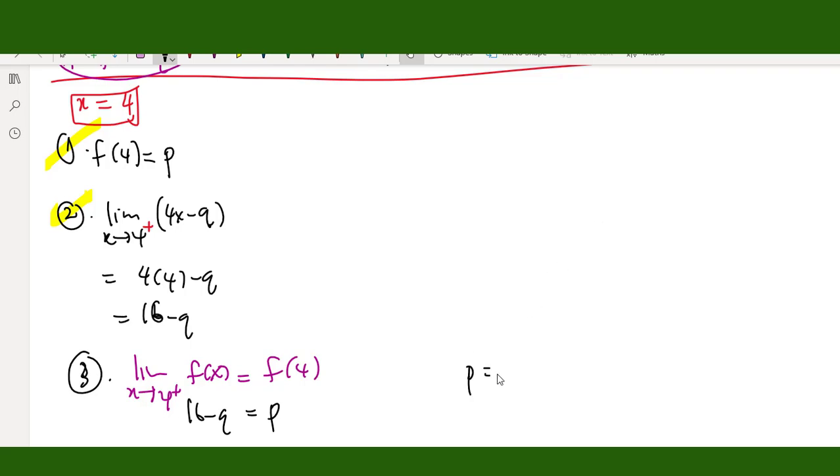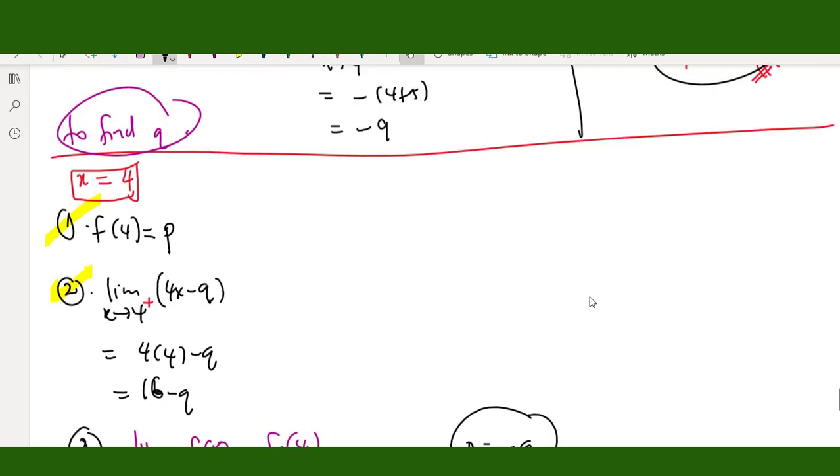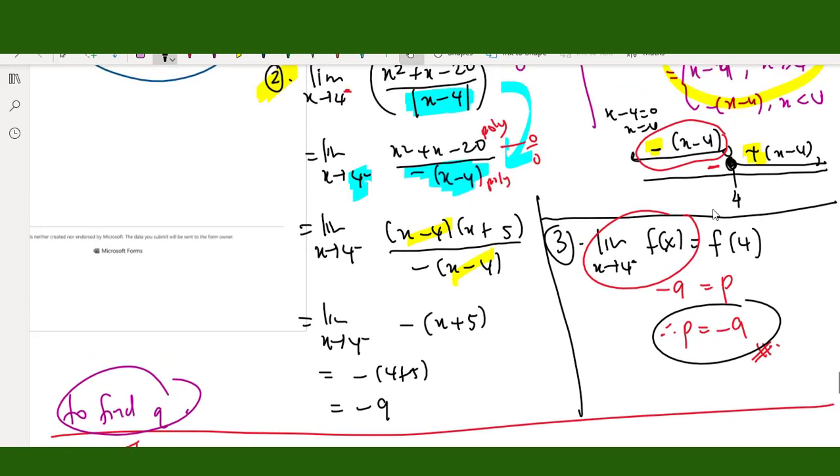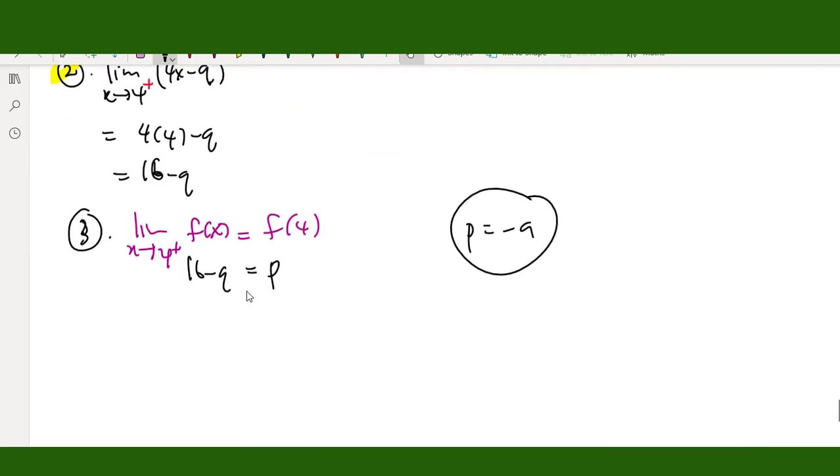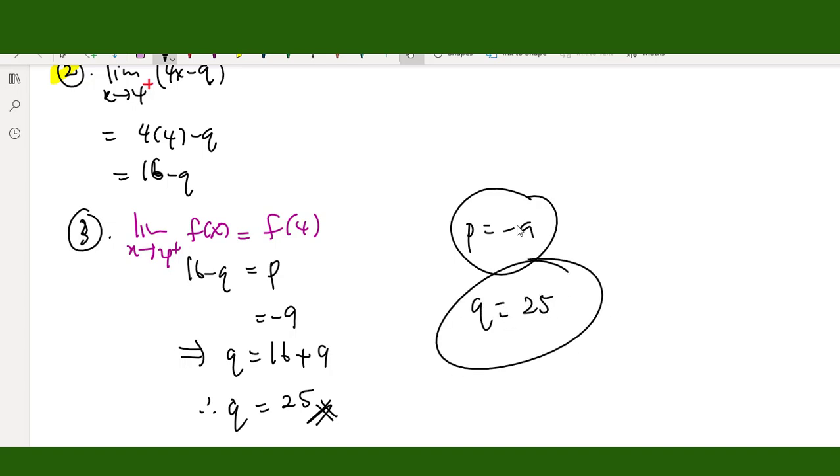Given p is equal to negative 9, substitute negative 9. It implies that q is equal to 16 plus 9. Therefore, q is equal to 25. So the answer is p is equal to negative 9, q is equal to 25.